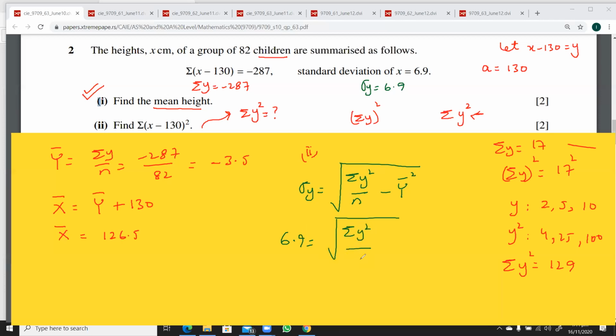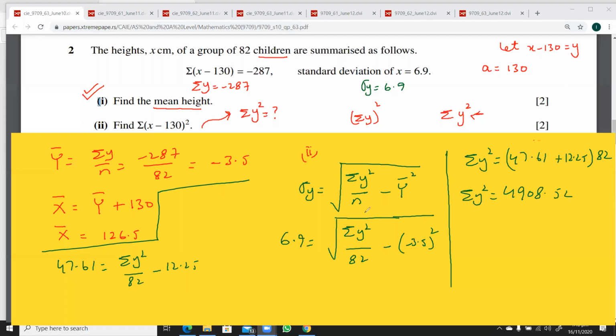We have n as 82, and we have the mean, which is −3.5. If you solve this equation, you will square both sides, so you will be able to get the value of sigma y squared. Through all these calculations, I went from this to this, and then from here to here. So this is how we get sigma y squared. Okay?